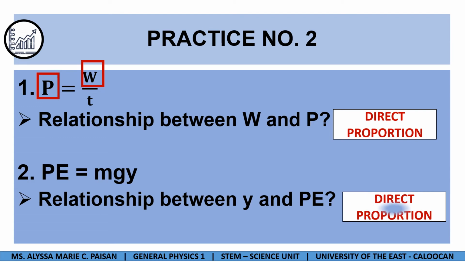Now we could say that the relationship is also direct proportion because PE, considered as 1, is in the numerator as well as Y. They are both again in the numerator of a fraction which has a denominator of 1.